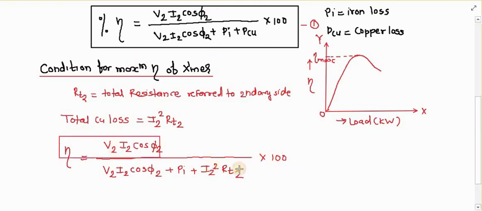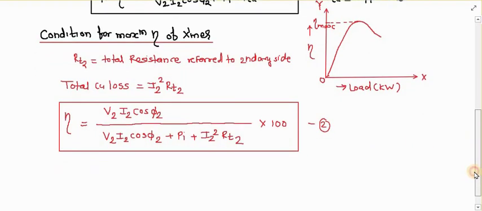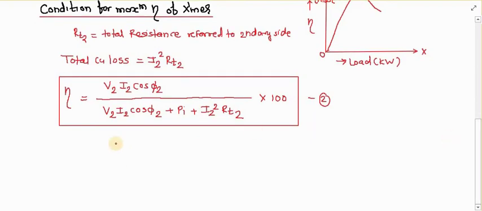Let us take this as equation number 2. Now let us divide the numerator and denominator of equation number 2 by I2. For the sake of understanding, I will write phi 2 as phi now, because for a transformer phi 1 is approximately equal to phi 2, approximately equal to only phi.